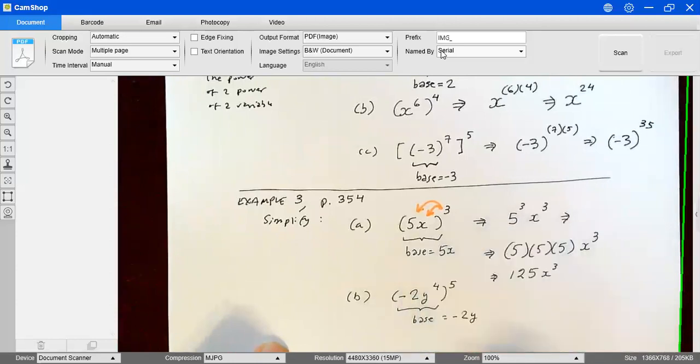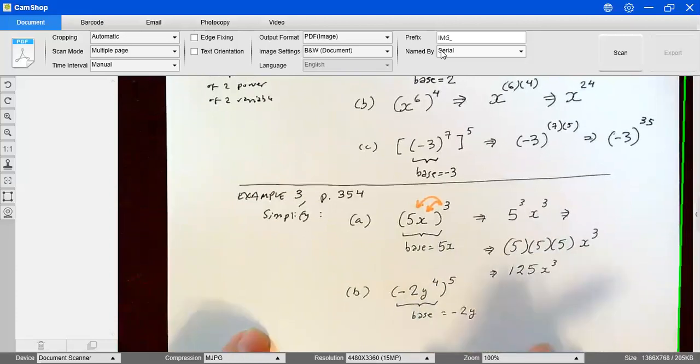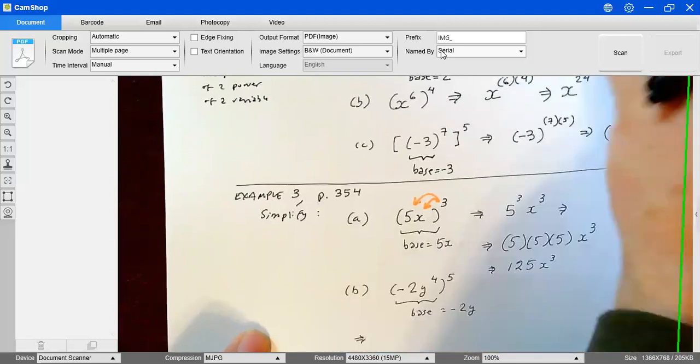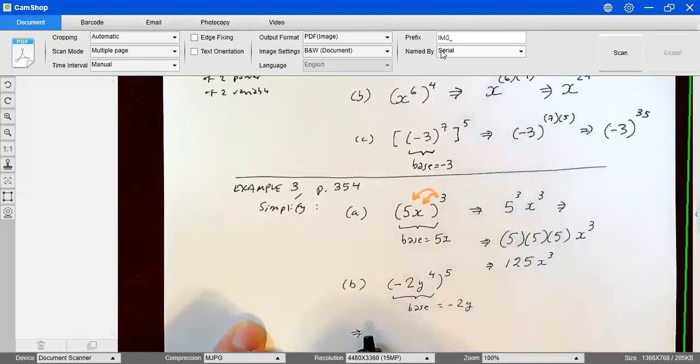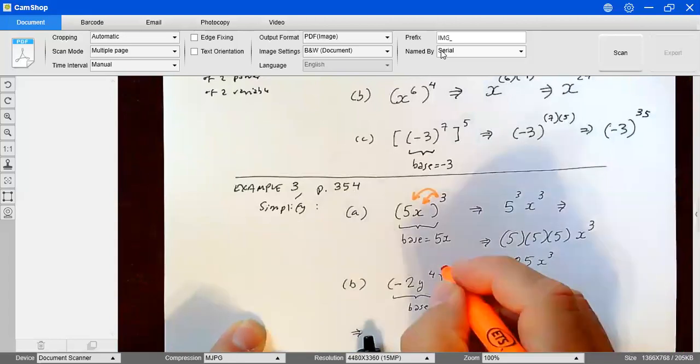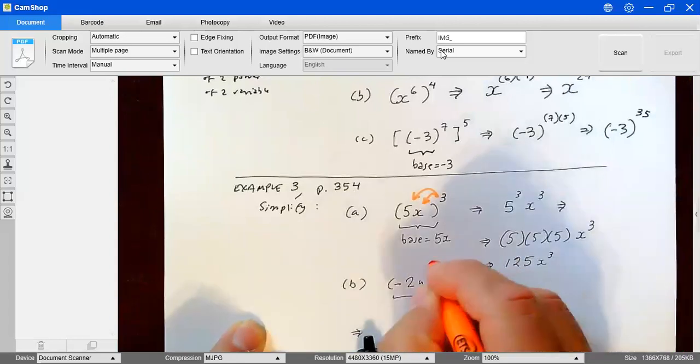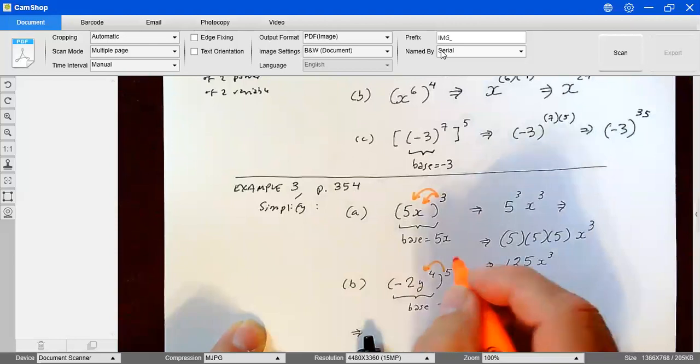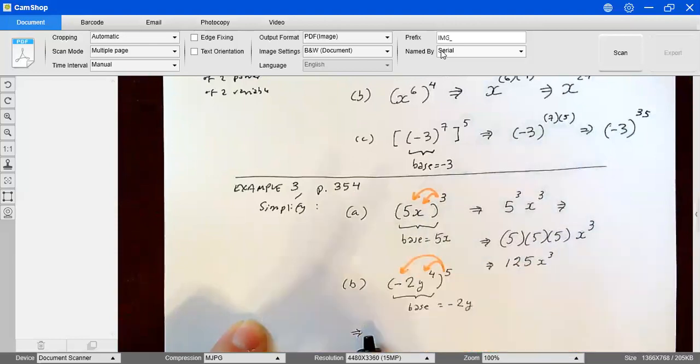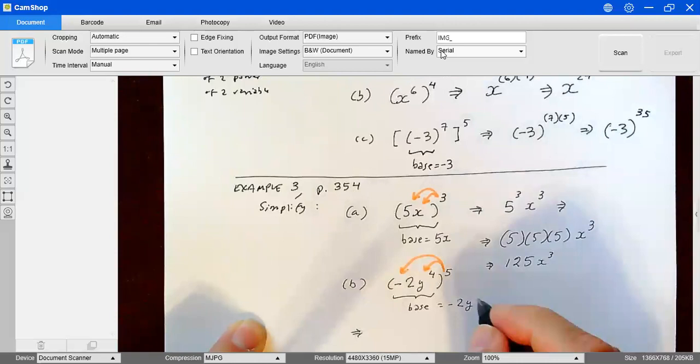We can break the base in two parts, the numerical part and the variable part, and distribute the exponent again. One part affects this part, and the other part affects that part.